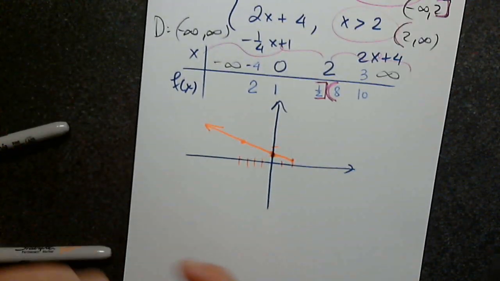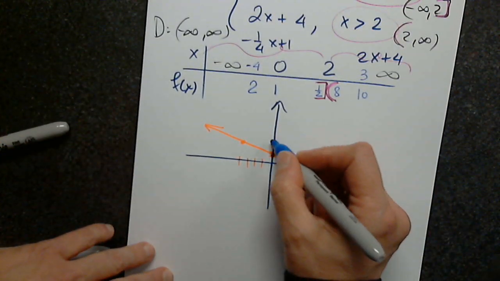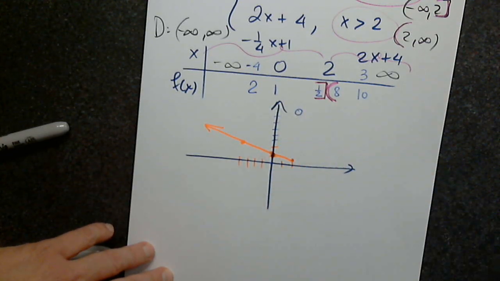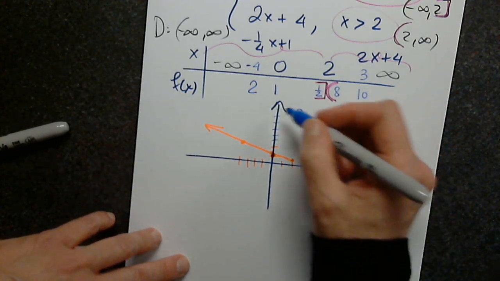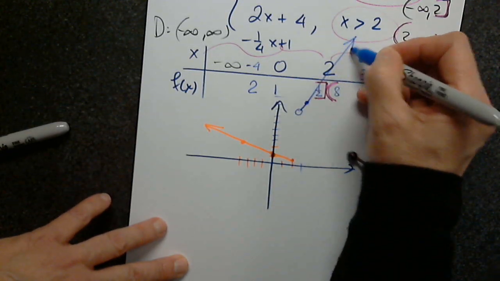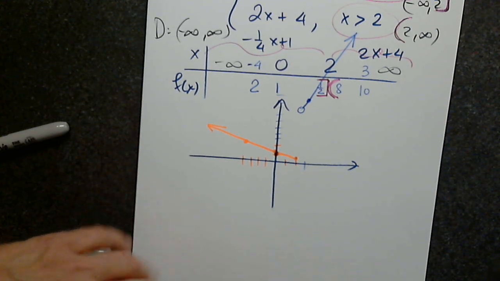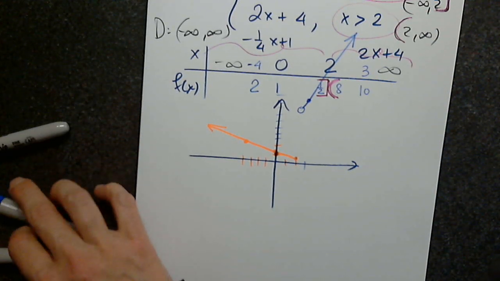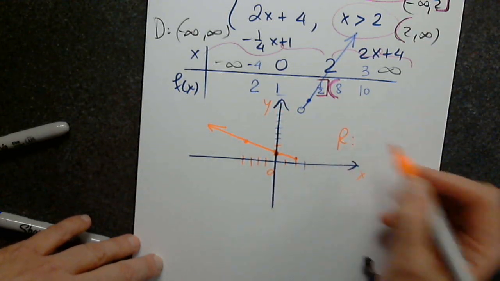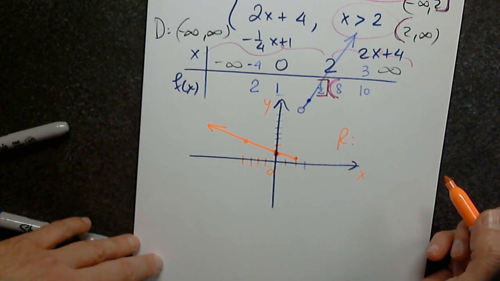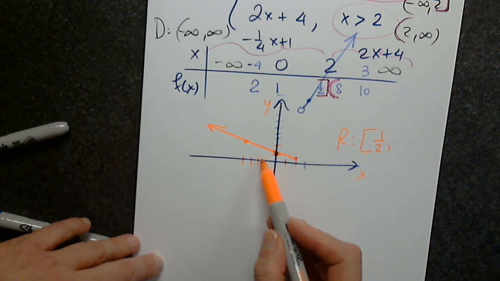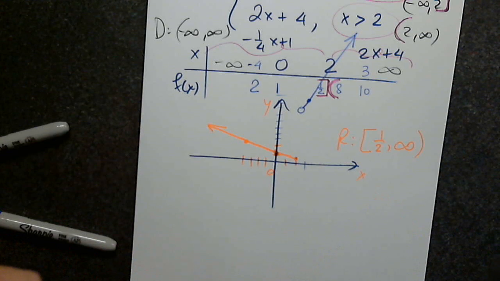And then I have 2, 8. And that is an open point. And then I have 3, 10. And again, I did not plan ahead. Can anyone identify the range for us? 1/2 to infinity. Very good.